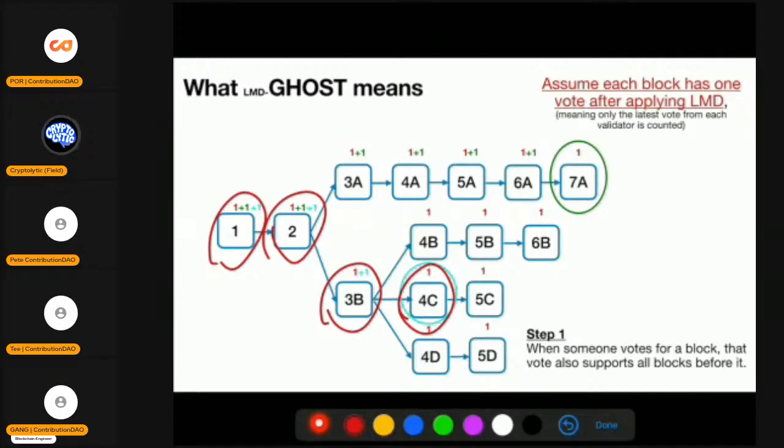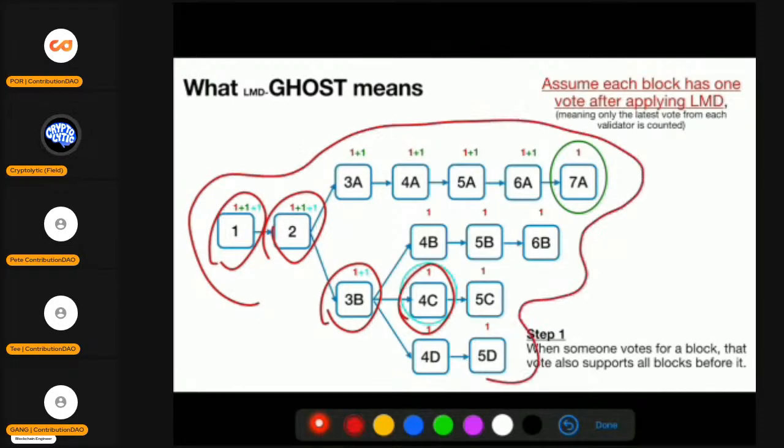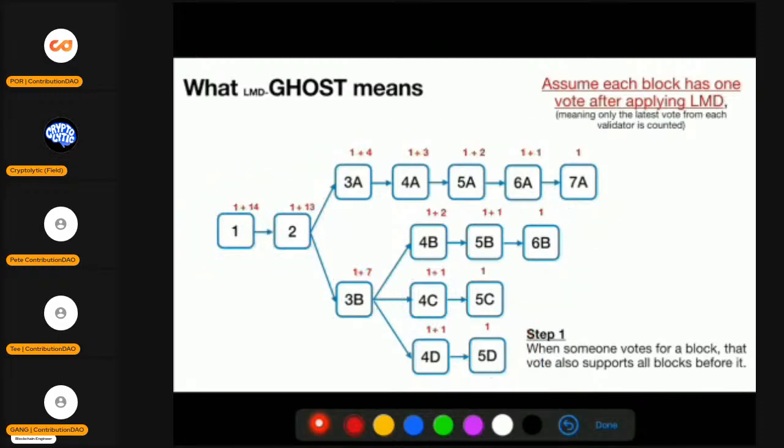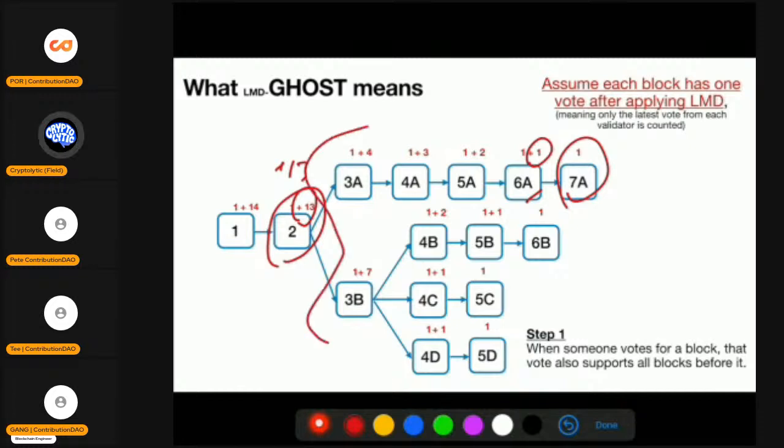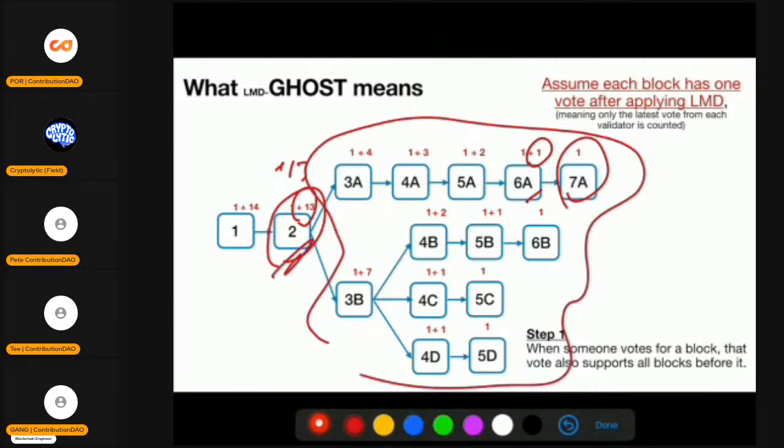If you apply GHOST on all of these, you're going to get something like this: 6A only has +1 because you have only 7A on top of 6A. You get +13 because there are 13 blocks built on top of block 2.